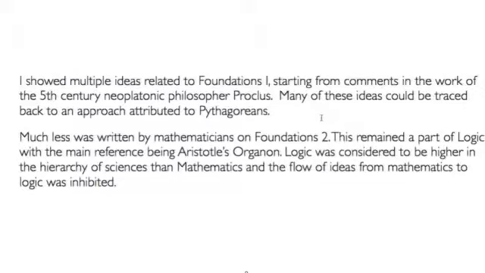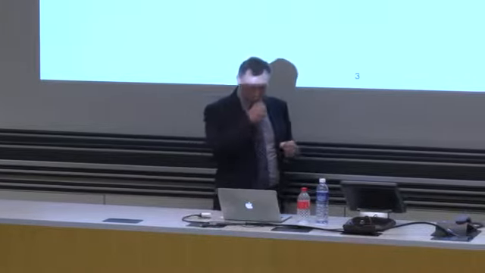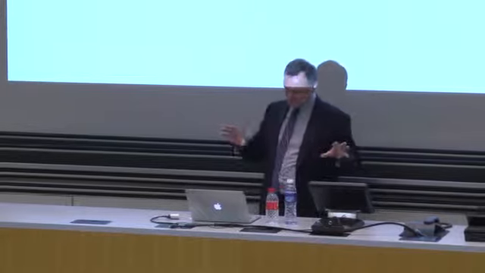I showed a little bit how foundations 1 in the ancient times seems to have had two ideas. One idea was attributed to the Pythagoreans, and another to Geminus. These were two approaches to partitioning, to structuring mathematics.